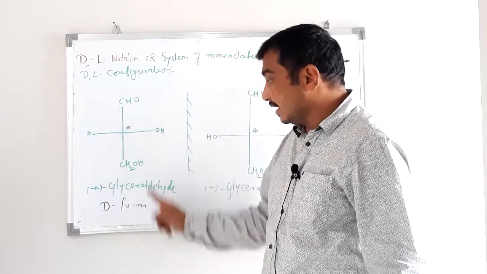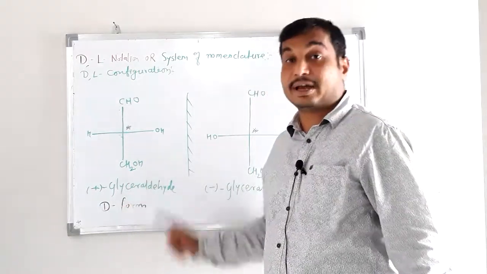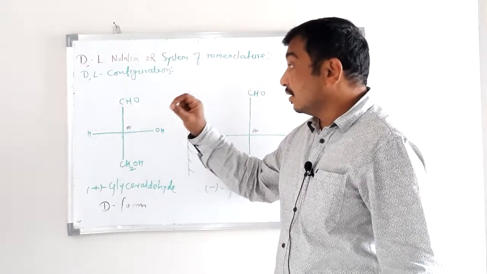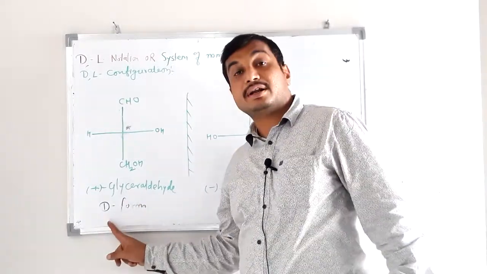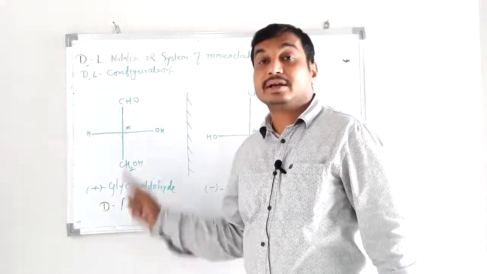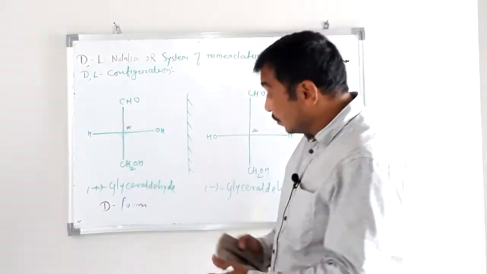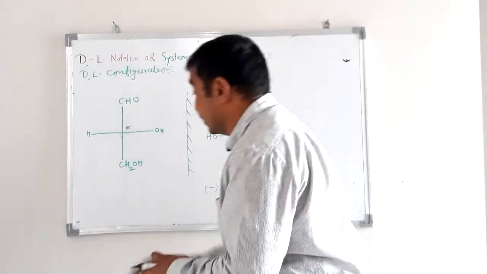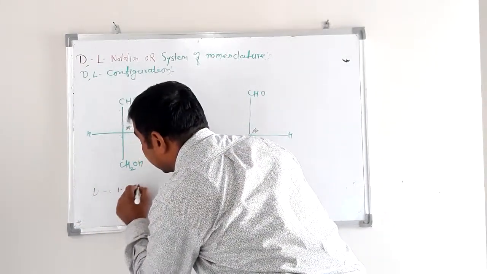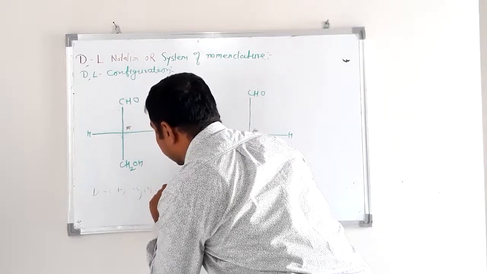That glyceraldehyde is considered as a D form, capital D. It means this glyceraldehyde has capital D configuration, and instead of plus glyceraldehyde, we can write D plus glyceraldehyde.